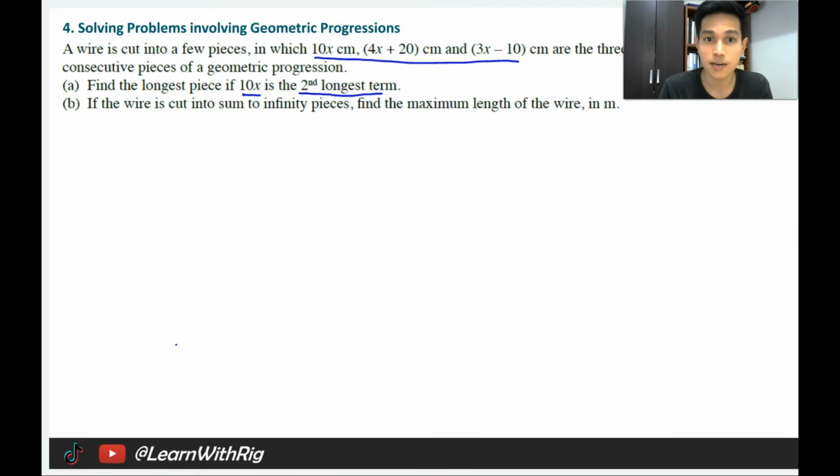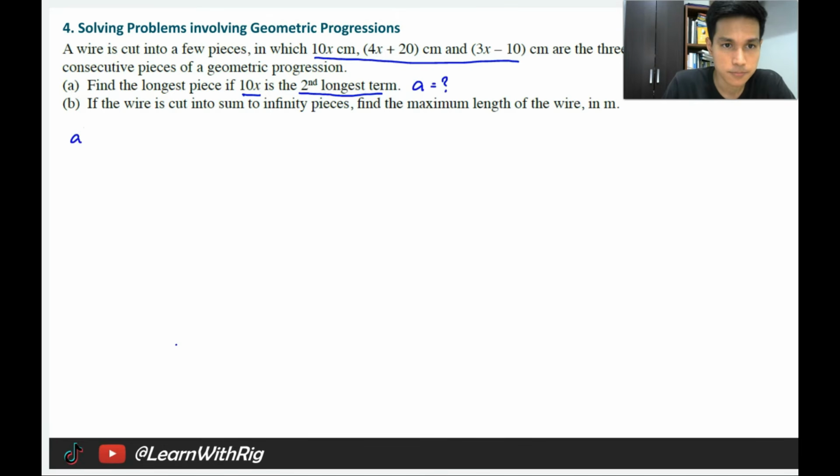Because the second longest is 10x. So if 10x is the second longest, the longest should be a value, correct? So this question, they make it so complicated, right? They are actually just asking you to find the a value, because that is the longest term.